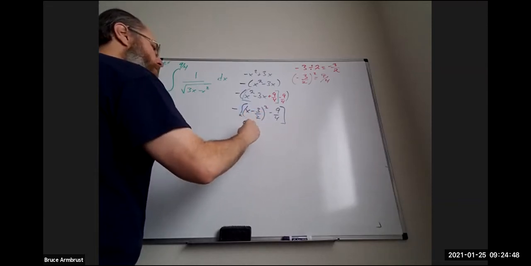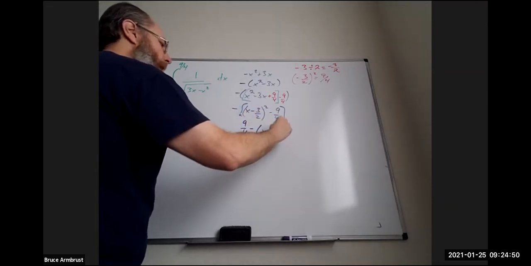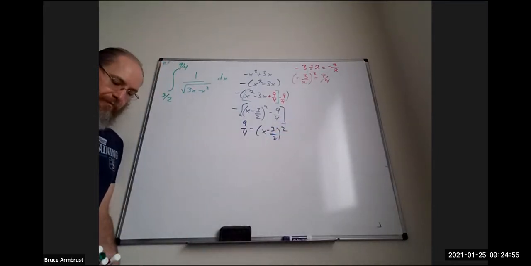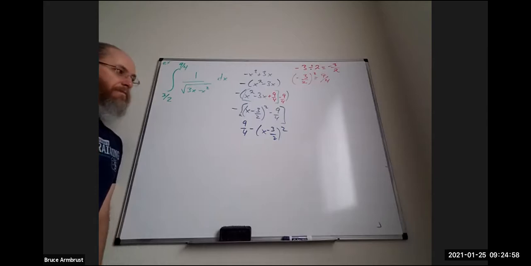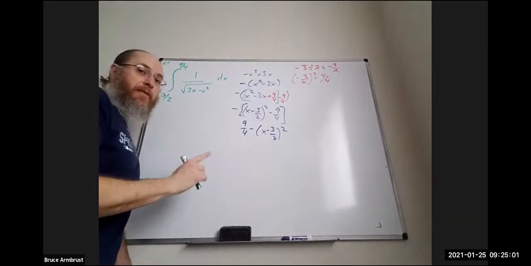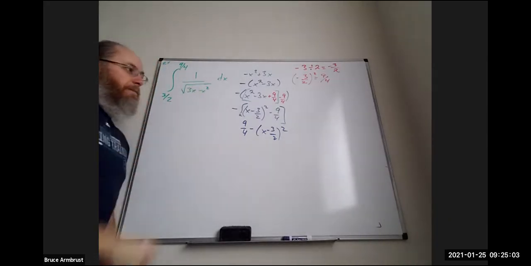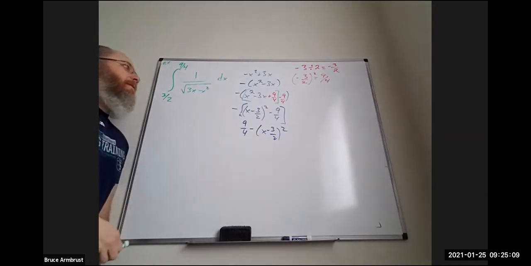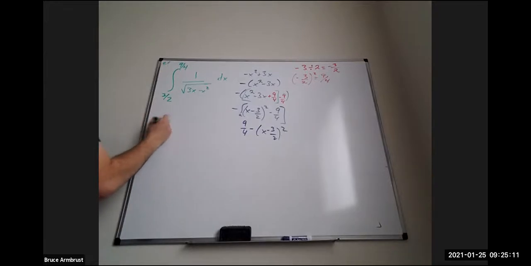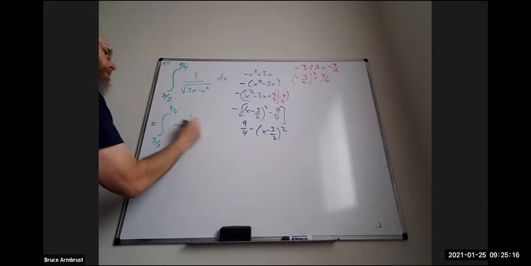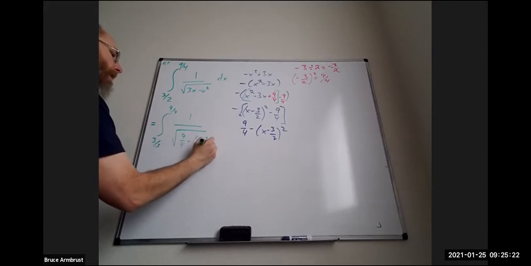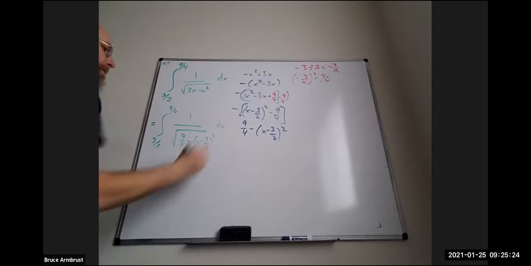So I get 9/4 minus x minus 3 halves squared. All right, so there's the completing of the square on what's in the parentheses. So all of that algebra, all that did was it got it so that we can rewrite this integral as 1 over the square root of 9/4 minus x minus 3 halves squared.